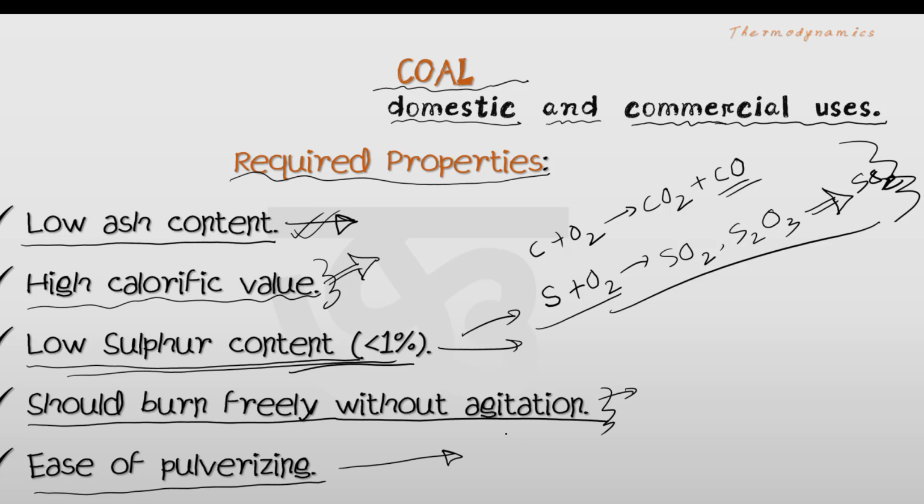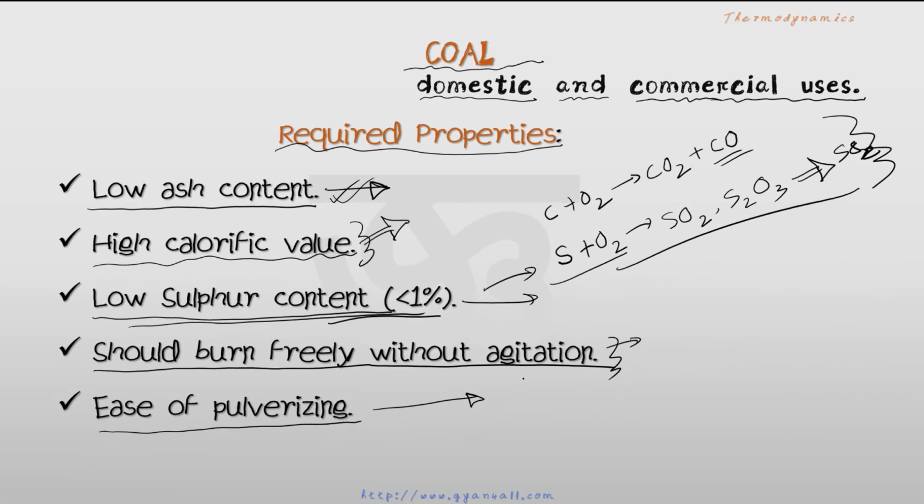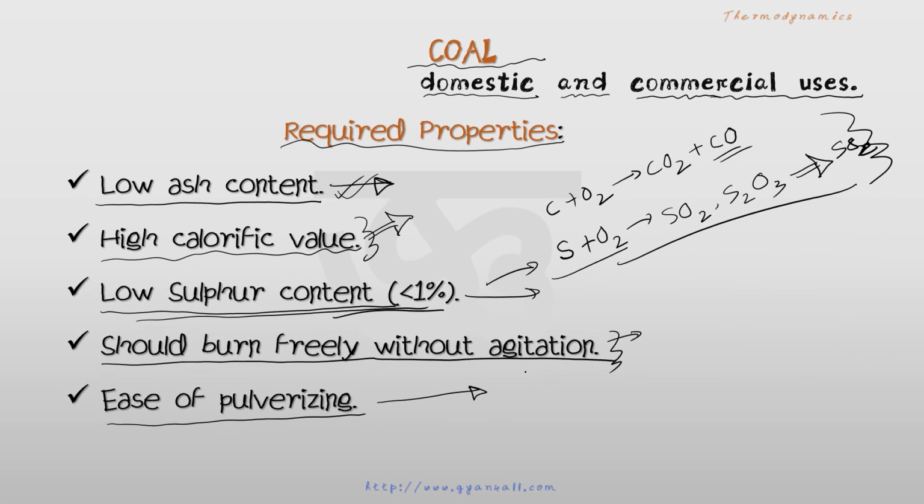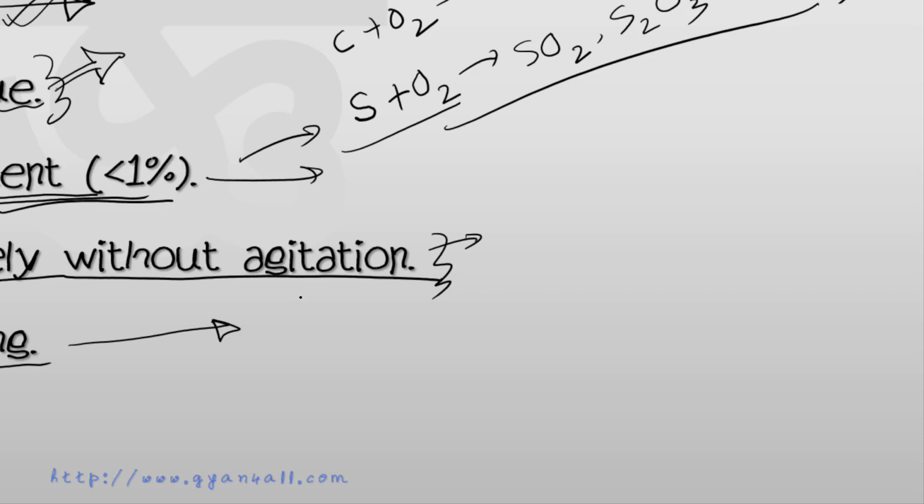If we can easily crush the coal, the solid fuel, and make it into a powder form, fine particles, then we can spray the coal. If we can spray the pulverized coal, the powder of the coal, then it will burn very freely, easily and instantly in an industrial situation, in a thermal power plant.